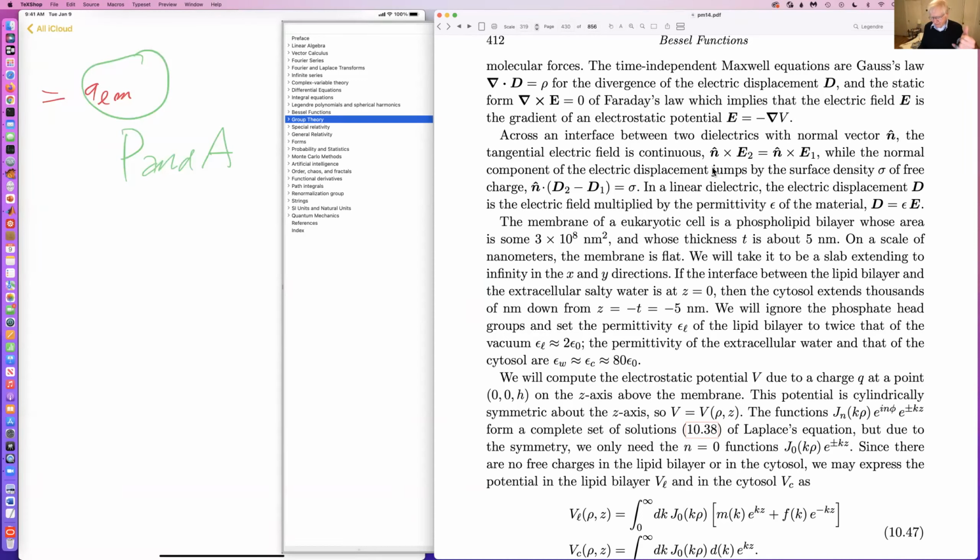By the way, when I said bilayer, what's going on is you have 2 phospho groups here, and then each one has a lipid, and the lipids meet in the center.